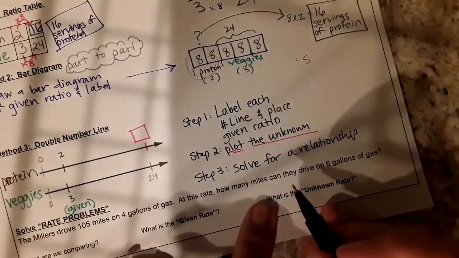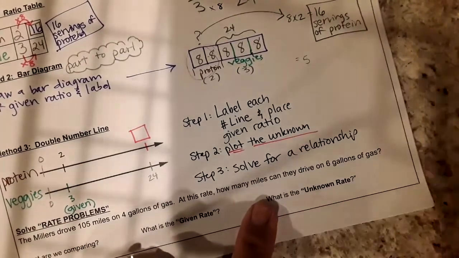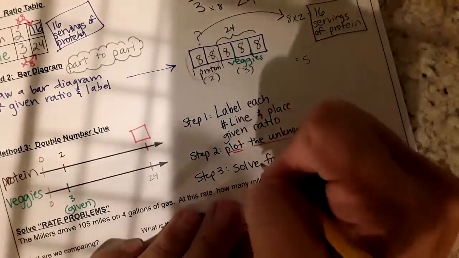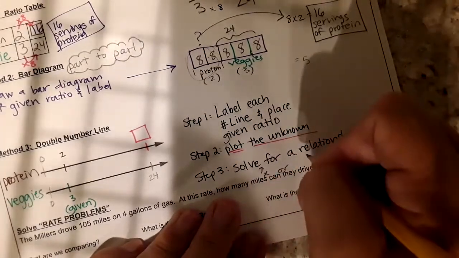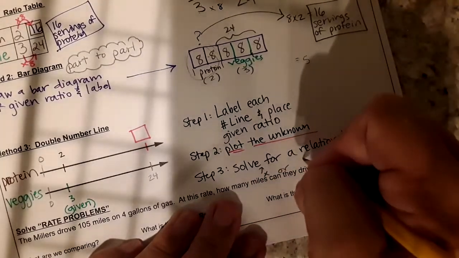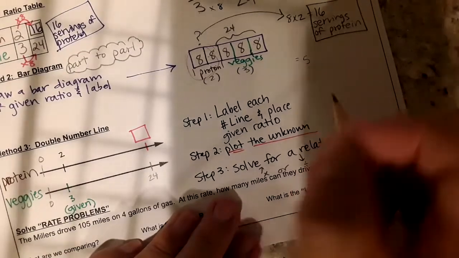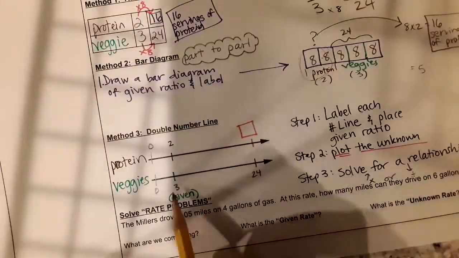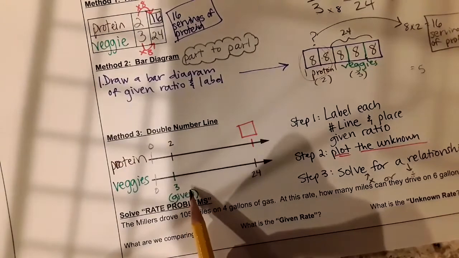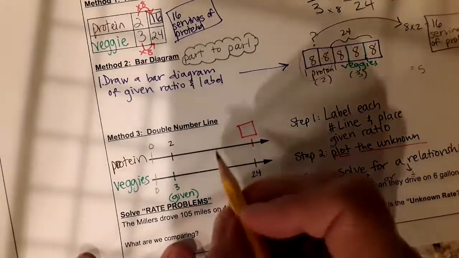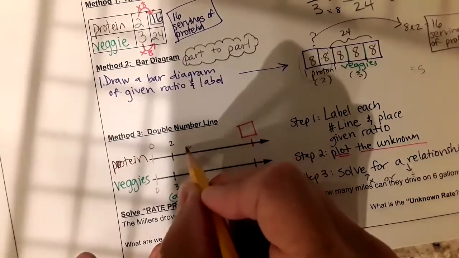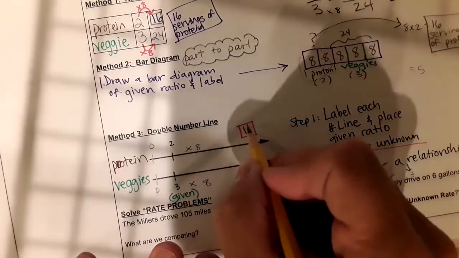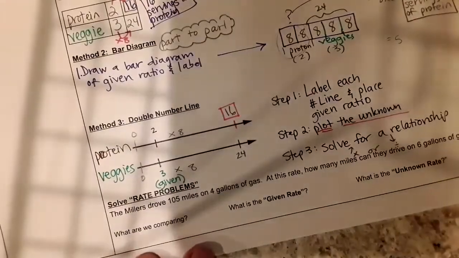Okay, sometimes it's going to be multiply or divide. And in this case, it's getting bigger, so we multiply by 8. So we multiply by 8, and we would get 16.